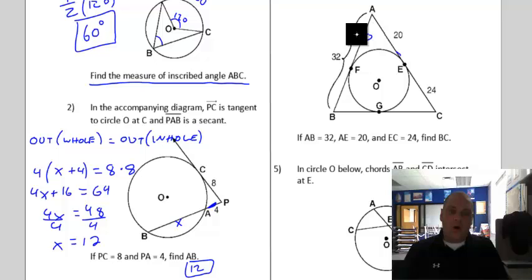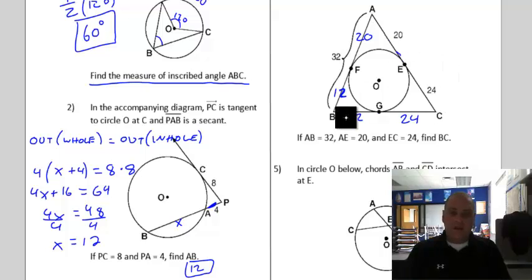Well, the whole thing's 32, see? If this is 20 and the whole thing's 32, this has got to be 12. And then these got to be equal. So if that's 12, this has got to be 12. And then this is 24, so this has got to be 24. So these two pieces are equal, these two are equal, these two are equal. That's how it works with tangents, exterior tangents.